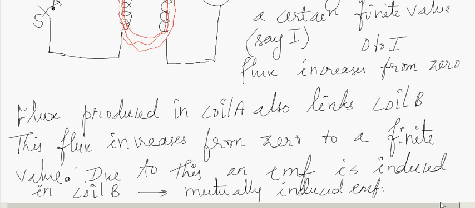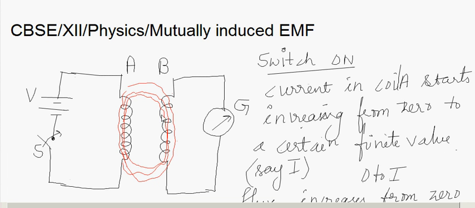So how do we come to know that there gets an EMF induced in coil B? The galvanometer shows deflection. So the induced EMF is indicated by the galvanometer. The galvanometer will show some deflection.